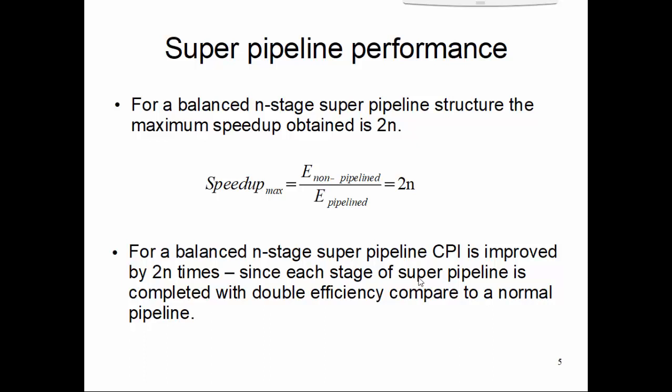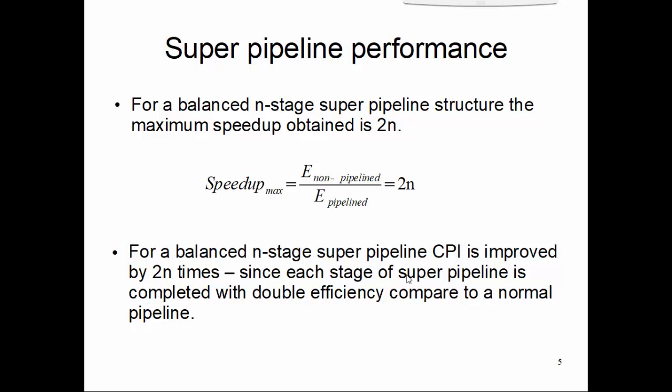So with respect to the normal pipeline and super pipeline, your performance improvement is 2x. And in comparison with the baseline system, which is the non-pipeline system, you have 10x if you are making a super pipeline of the MIPS processor.